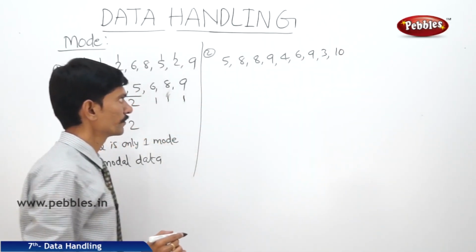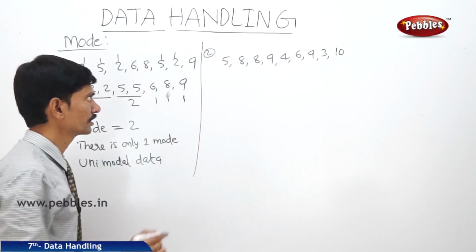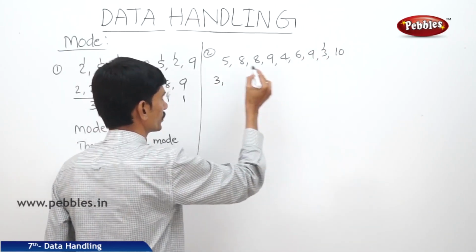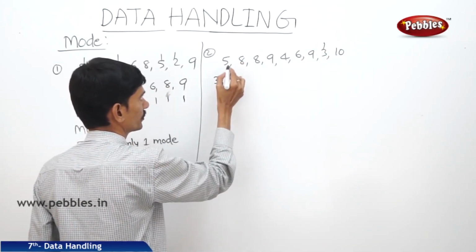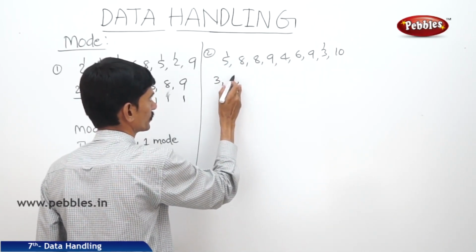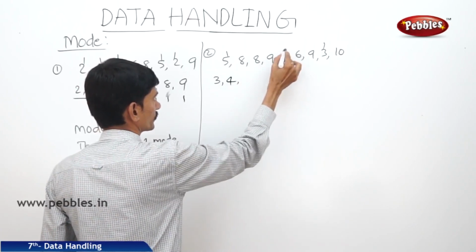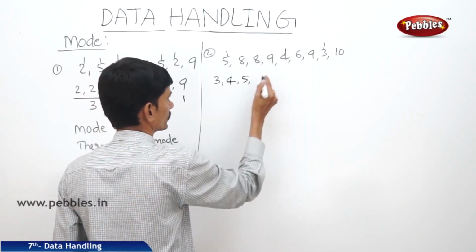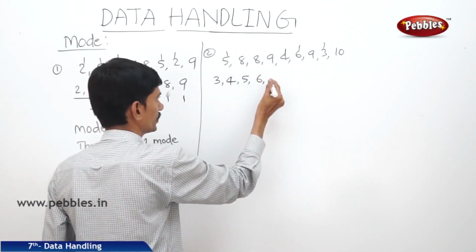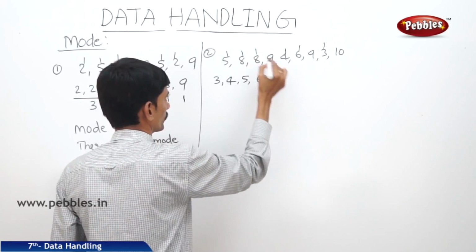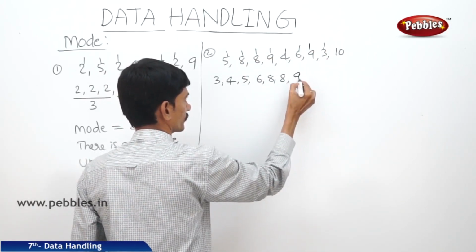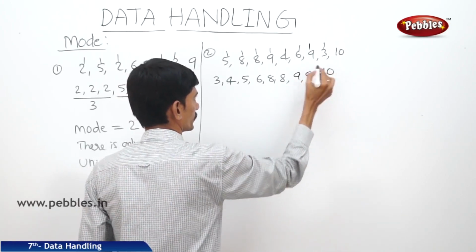If you arrange the observations in ascending order: 3, 4, 5, 6, 8, 8, 9, 9, then 10.